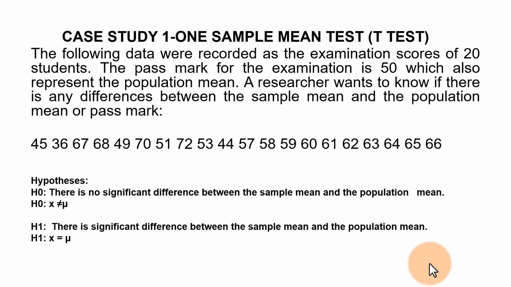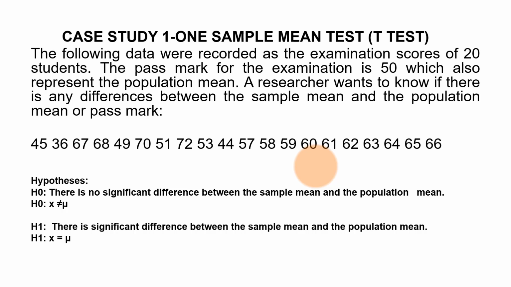So we are starting with the one sample t-test. As you can see, this is what we are starting with, and it is used to compare the mean of a sample with the population mean, or to compare the mean of a sample with a specific value.